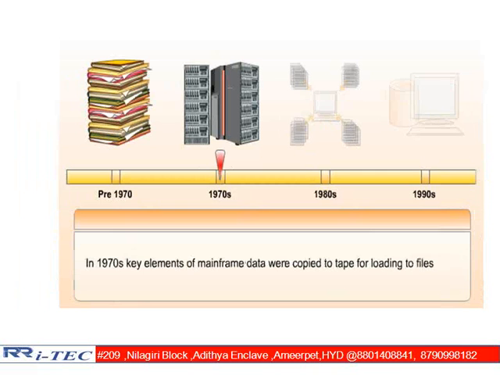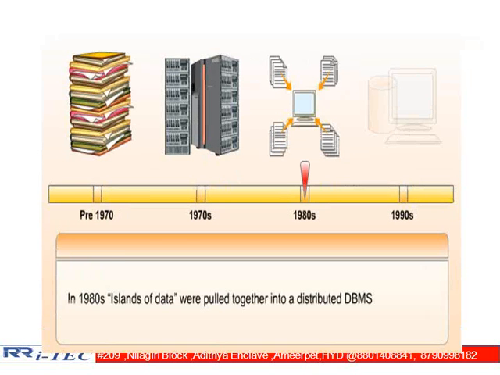In 1970, what happened is we got the mainframe system. In that mainframe system, we used to store the data and retrieve it. After 1970, we went to the 1980s. In the 1980s, we used to collect different data from different sources and integrate it in what is called DBMS, Database Management System.